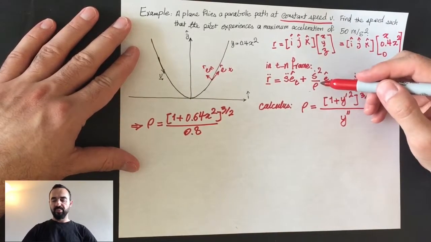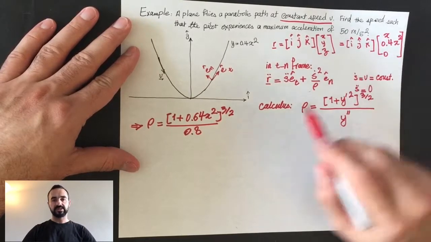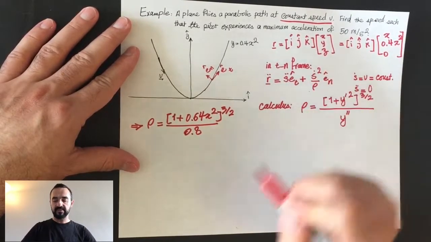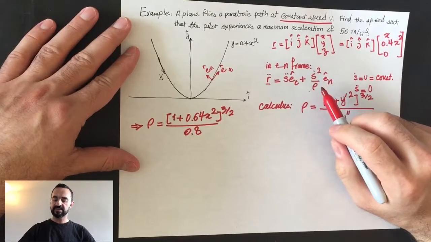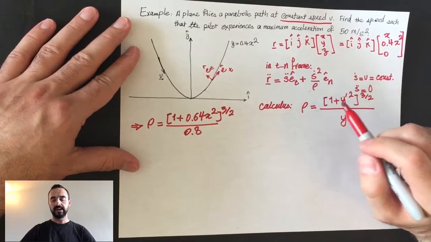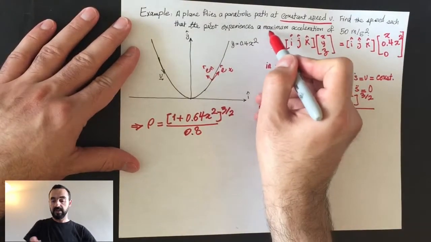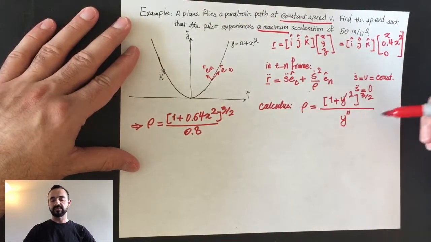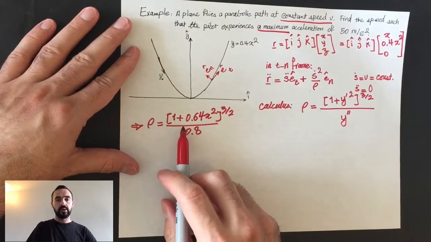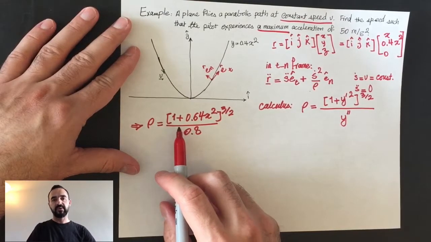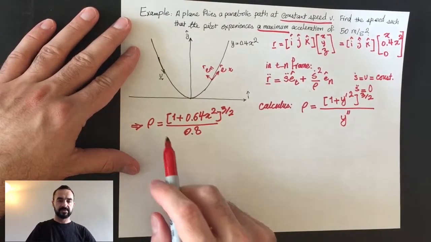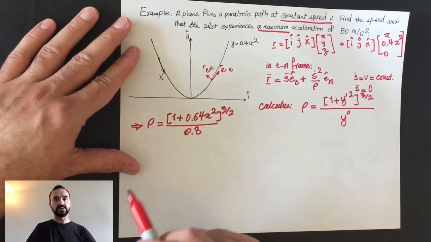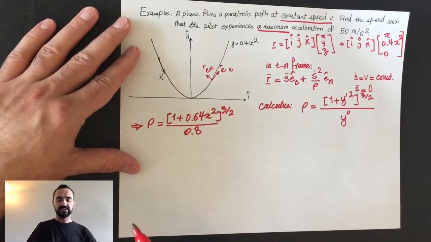Now, this component of acceleration, because we already know the first term goes to zero, the second acceleration component is maximum when rho is minimum. And rho is a positive function of x. The minimum occurs, therefore, when x is equal to 0.